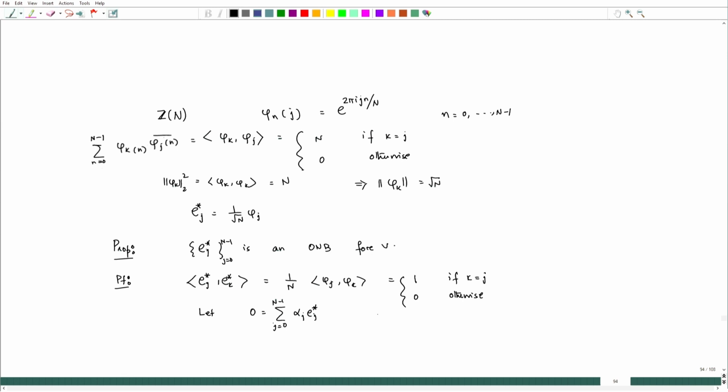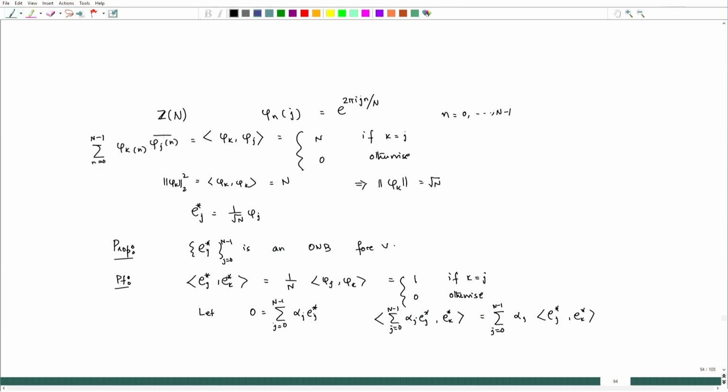Because if we take the summation over j from 0 to N minus 1 alpha j E j star, and I take the inner product with E k star, then what I am going to get is the summation j from 0 to N minus 1 alpha j times the inner product of E j star and E k star.